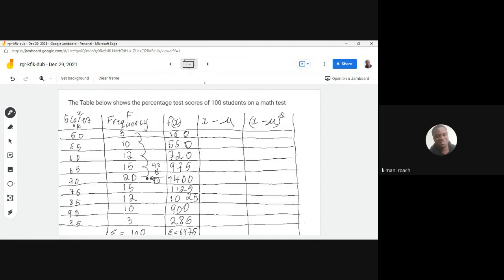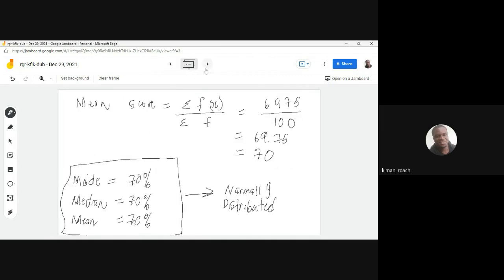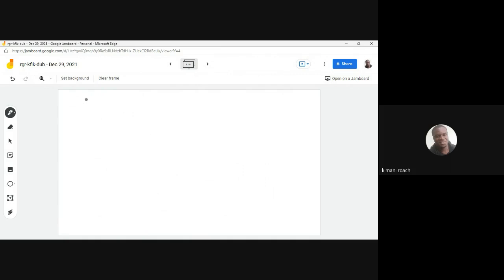Now, in order for us to construct our normal distribution curve, we must have our standard deviation. Right?